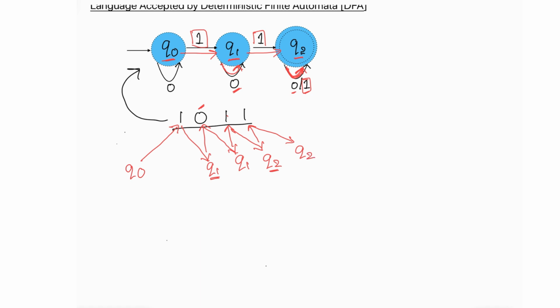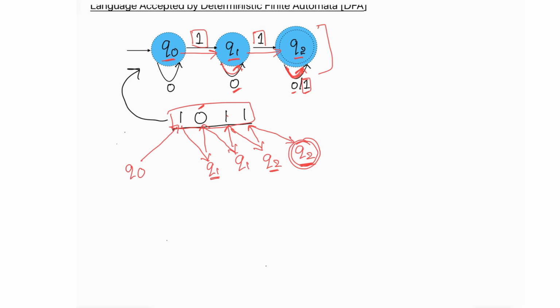Now, as we have passed the whole given string and we are in the state Q2, check whether Q2 is the final state in the given DFA. Yes, Q2 is the final state because Q2 is drawn with two concentric circles.